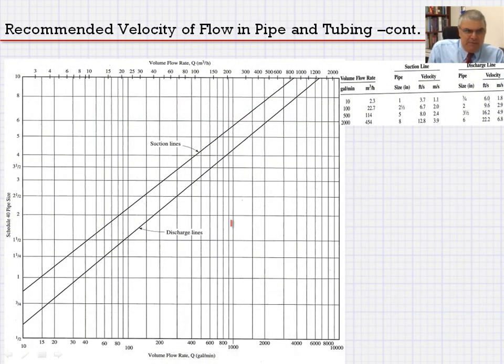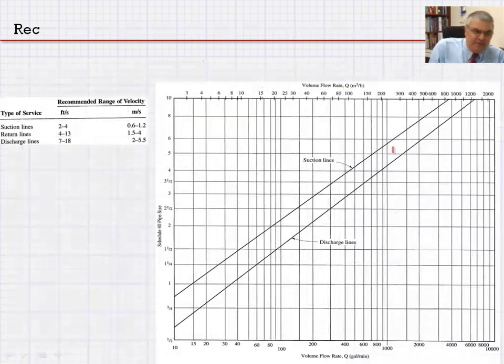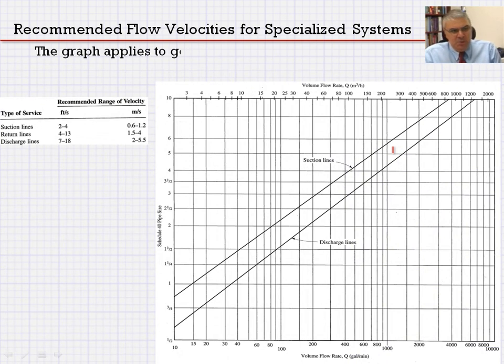Okay, I'm going to go a little bit quickly over some of these and get to the example problem. This graph that shows here applies to general fluid distribution systems, of course. Again, this is Schedule 40, and the recommended range of velocity is given here.